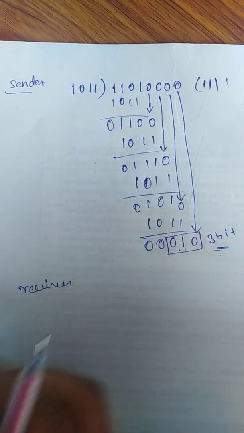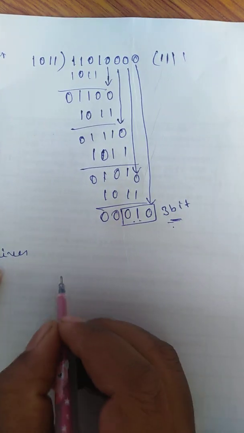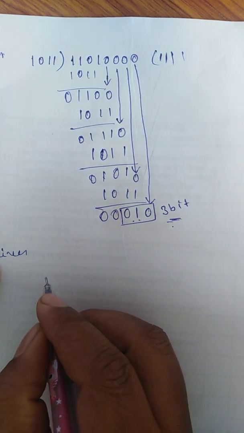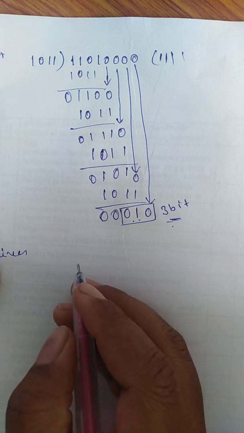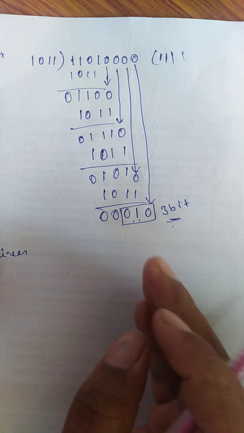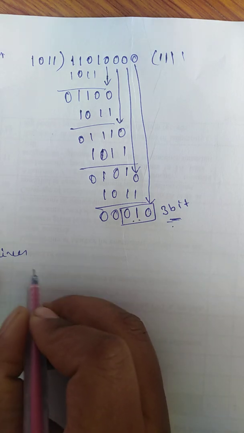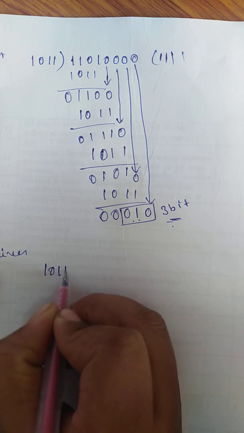This one is the sender side information, this one is the receiver side information. What information do we take to check? The information goes from the sender to the receiver, and we check whether it is correct or not. Here we take 1 0 1 1.